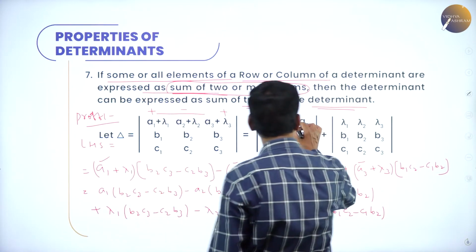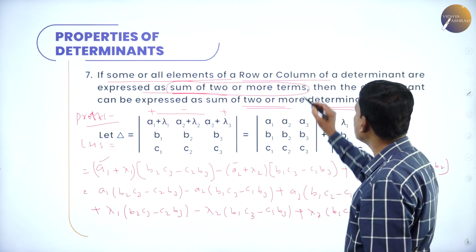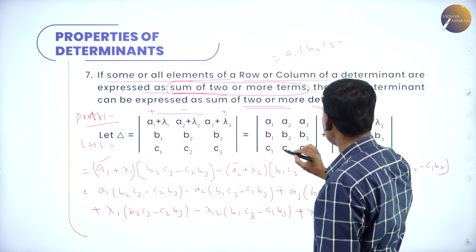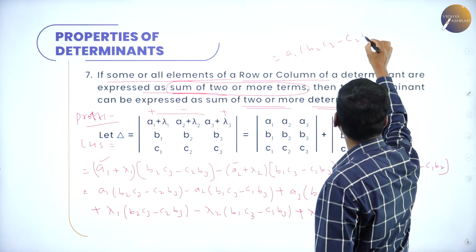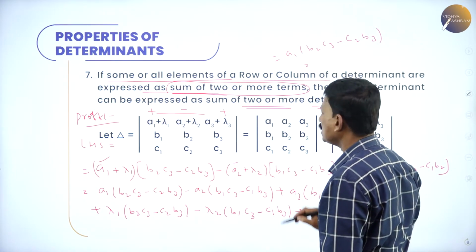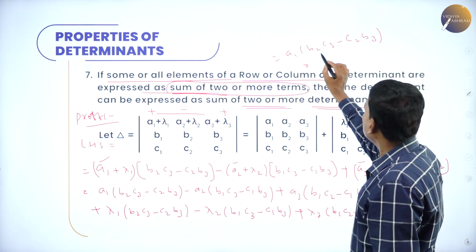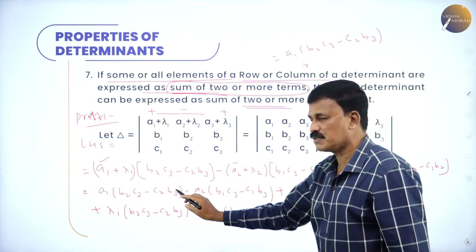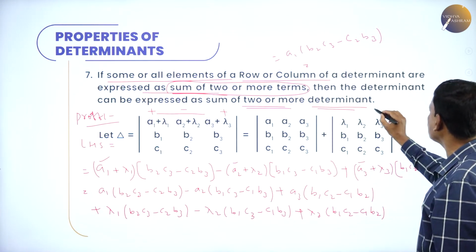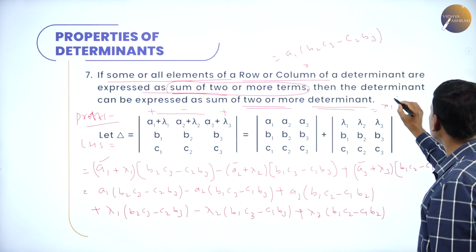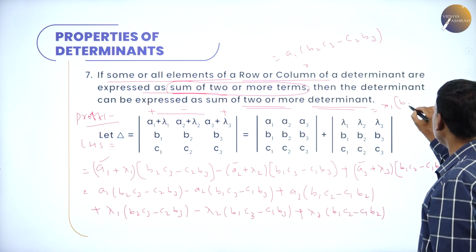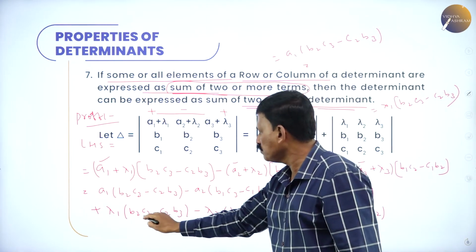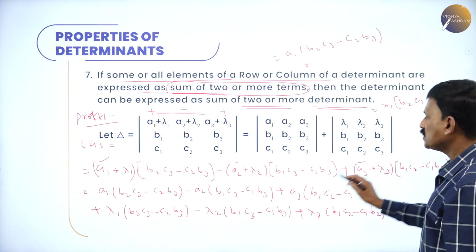If I expand this, A1 into B2 C3 minus C2 B3, first step. Similarly, if I expand this, what I will get? Lambda 1 into B2 C3 minus C2 B3.